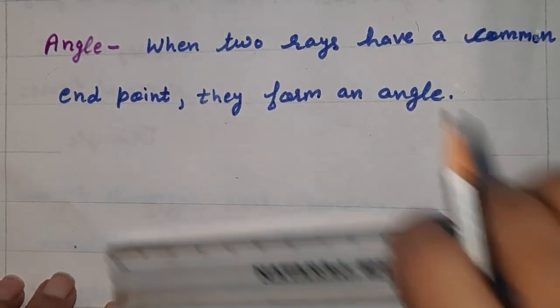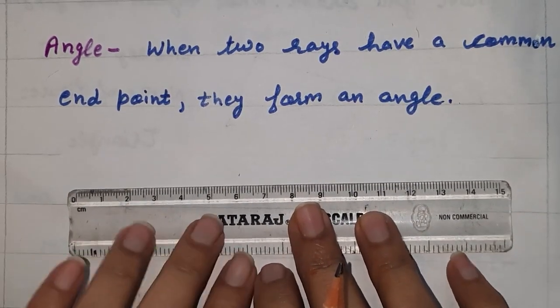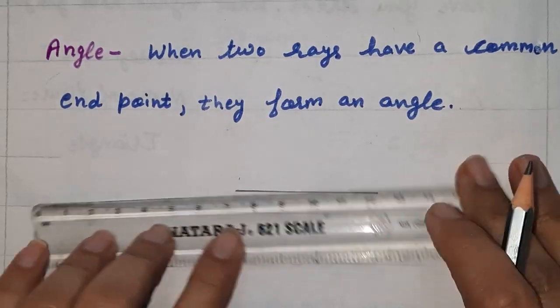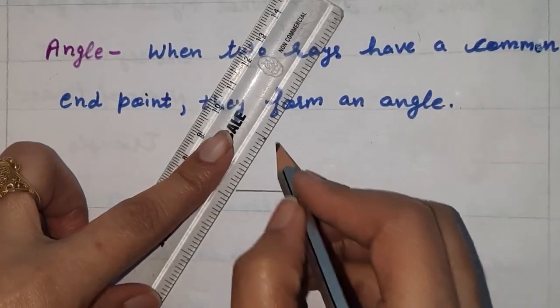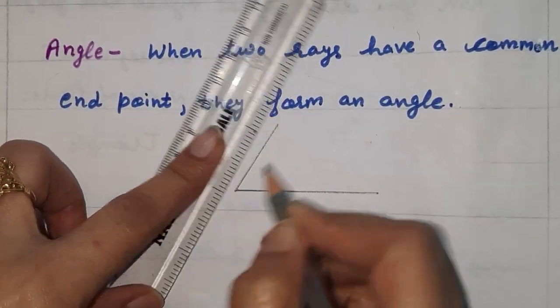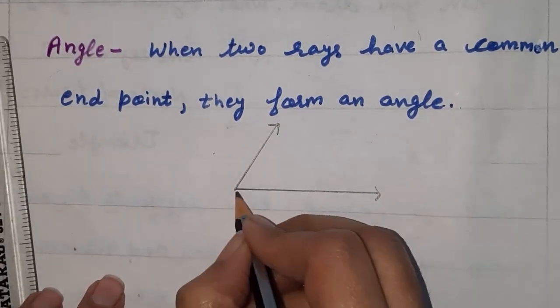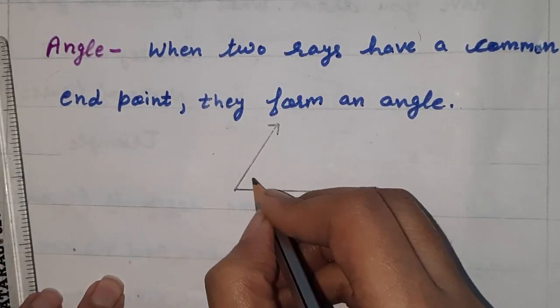So we will draw any two rays having one common endpoint. So these are two rays, and this is a common endpoint.